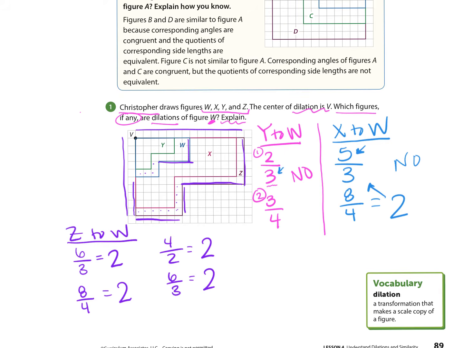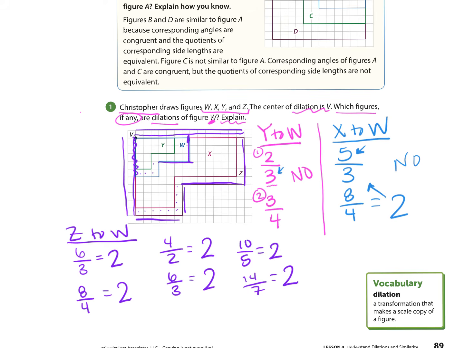This side here, 10. Corresponding side, 5. 10 divided by 5 is 2. The last one, the long one, 14. Corresponding side stops at 7. 14 divided by 7 is 2.